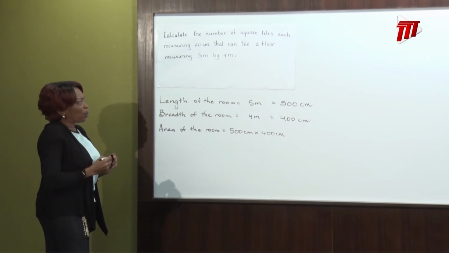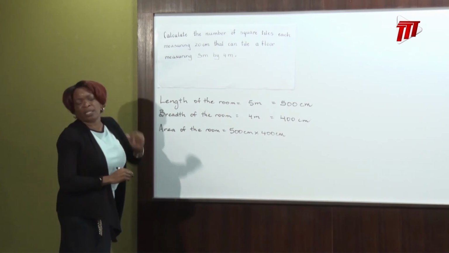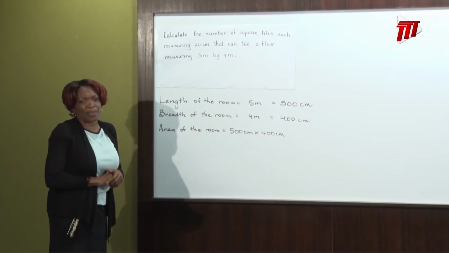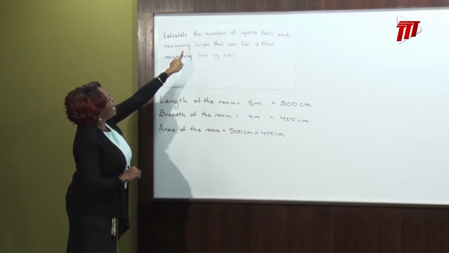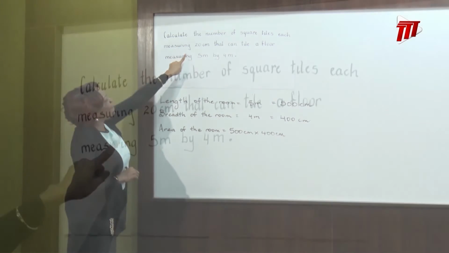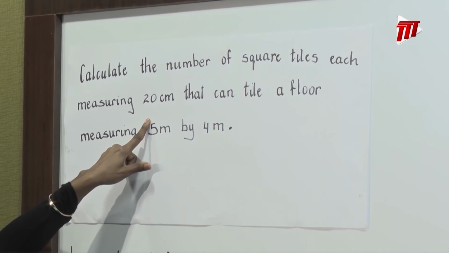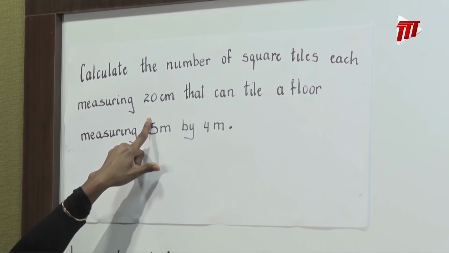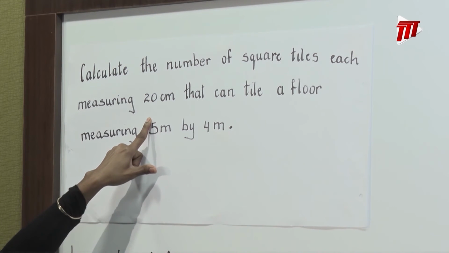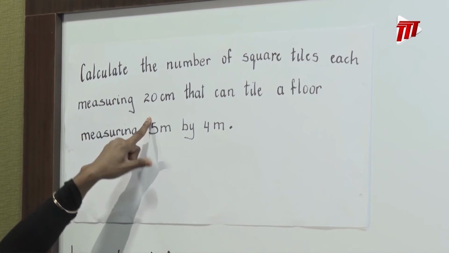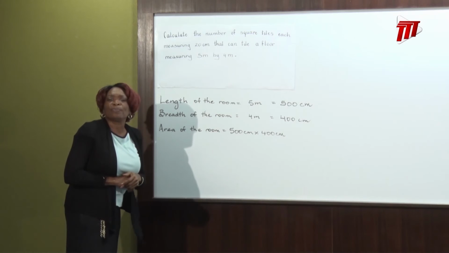Pay attention, all right? I want to go back to the question now and look at something there. We have to calculate the number of square tiles, each measuring 20 centimeters. So that means one tile has a side of 20 centimeters. Not so, children? So what are we going to do?